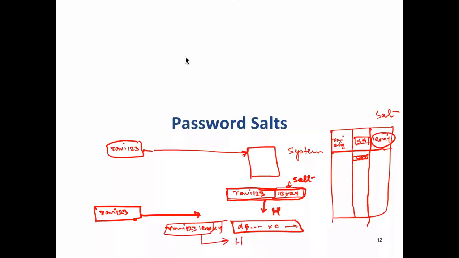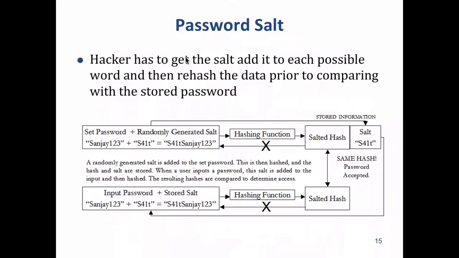Hash of Ravi123 plus salt, it will get some value. Now it will compare this value with the stored hashed salted password. And if it matches, then fine.